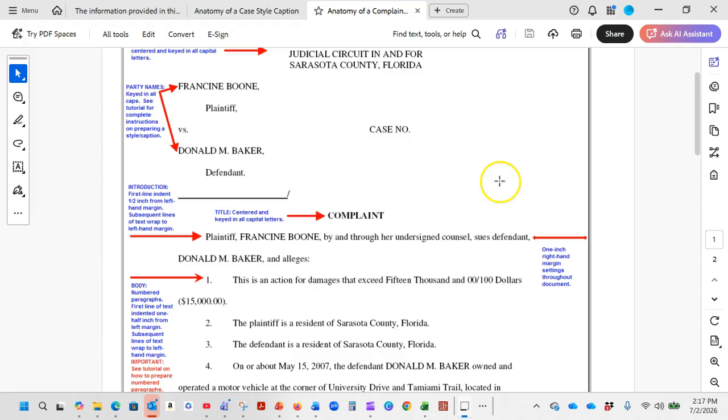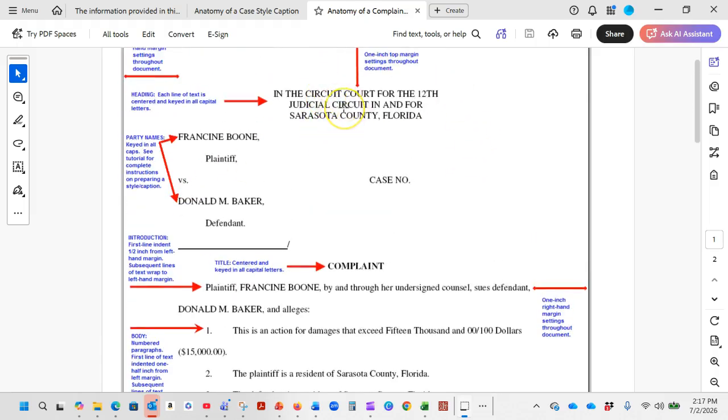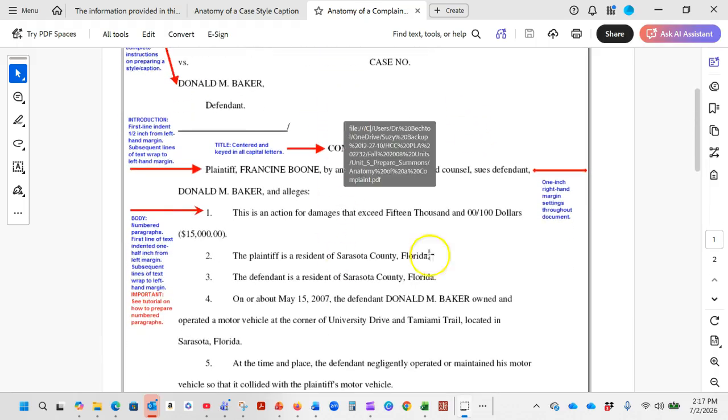That's what it's called. So this introduces the parties, the court's addresses here, basically. And then there is the title or designation that I just spoke of, and that's a complaint. We begin with who is filing the complaint, and obviously the plaintiff in this case, through her attorney, sues the defendant with the defendant's name.